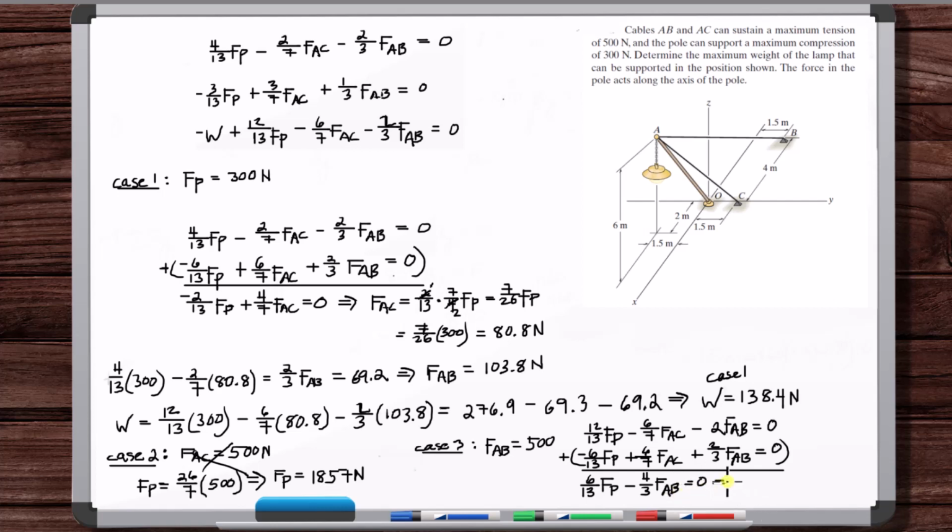So we want to say that FP is equal to 4/3 times 13/6 FAB.